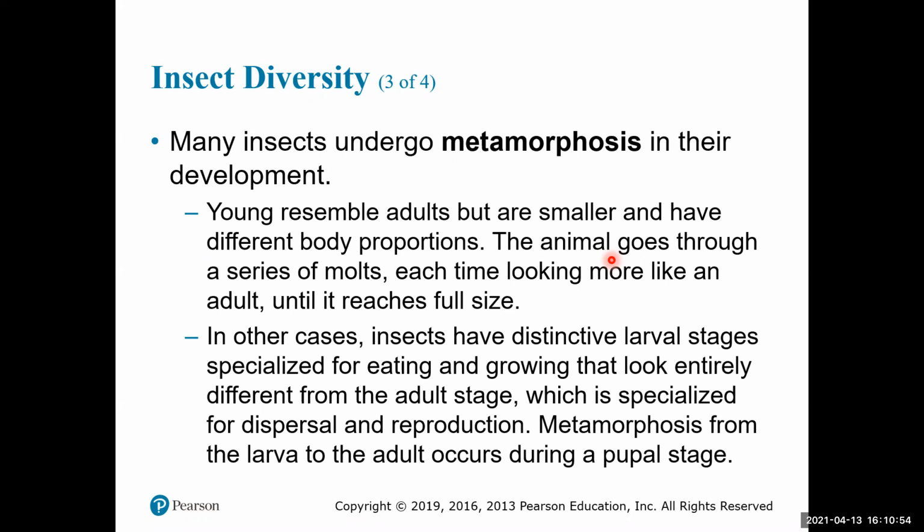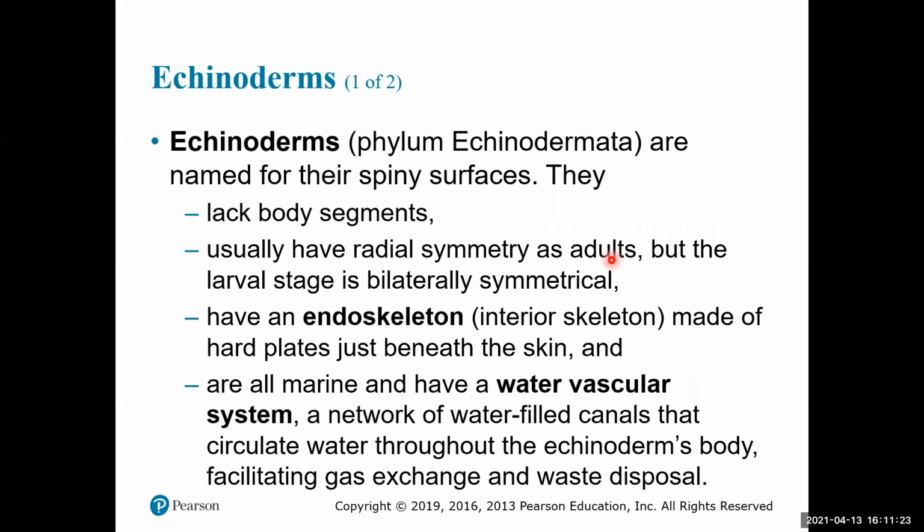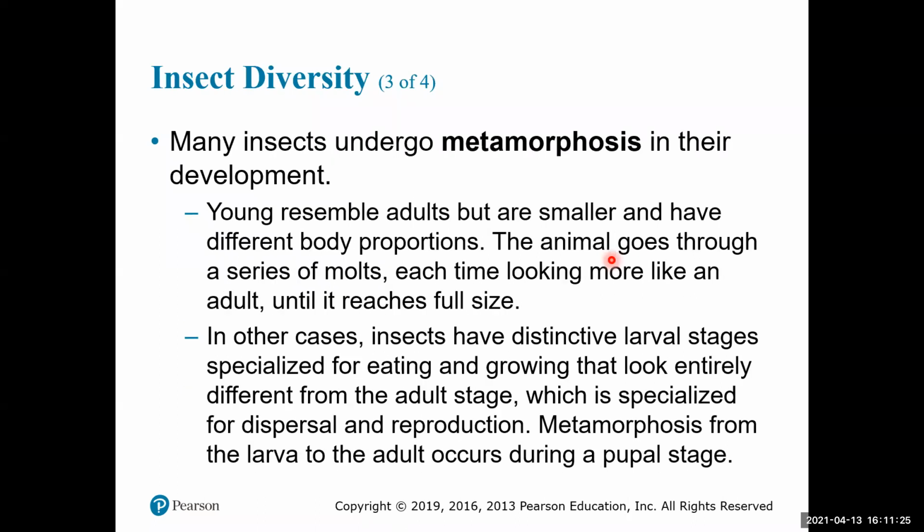And each series of metamorphosis and molts that the insect goes through will become more and more like the final adult stage. And in some cases, you'll have these distinct larval and adult stages, or you can have those proportional, stepwise body stages within insects. So pretty interesting in that way.